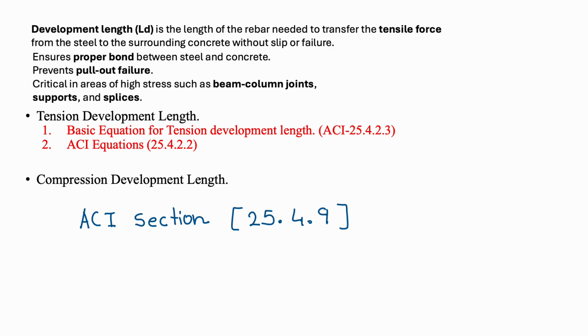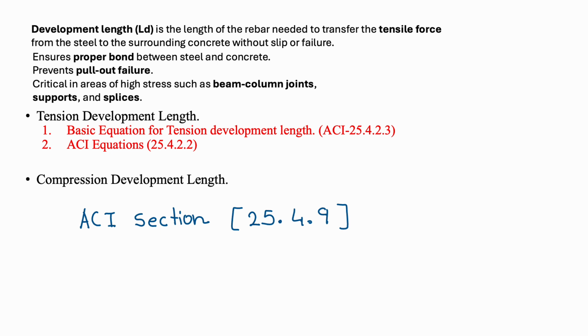So development length is the length of the rebar needed to transfer the tensile force from the steel to the surrounding concrete without slip or failure, to ensure proper bond between steel and concrete, and to prevent pull-out failure in critical areas of high stress such as beams, columns, joints, supports, and splices.